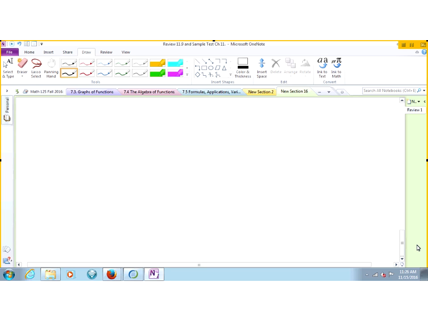Yes. So the number of tickets sold each day for an upcoming performance of Handel's Messiah is given by N of X. Oh, this is the real sample test number 5. N of X is equal to negative 0.4x squared plus 9x plus 11.